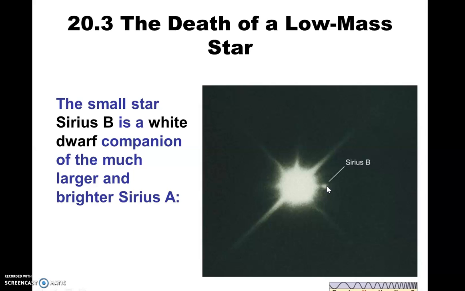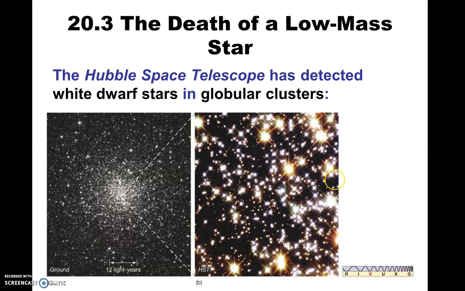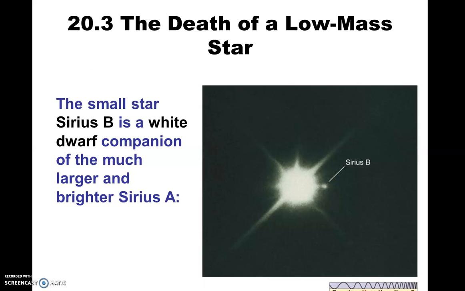We can measure its mass. We can measure the energy output of it. I thought there was a little bit more about Sirius B. So it is a white dwarf.